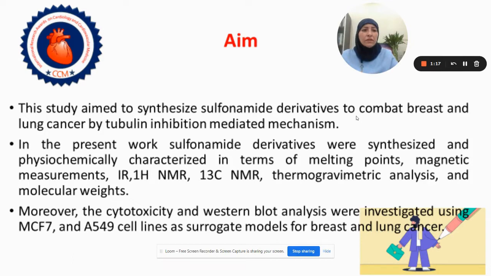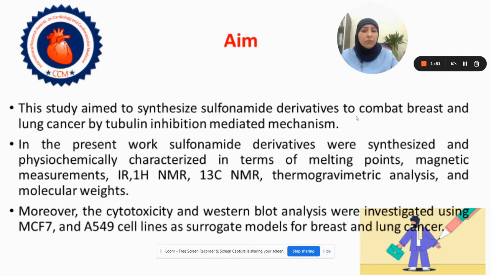So the goal of this study is to synthesize new sulfonamide derivatives to combat breast and lung cancer by a tubulin inhibition mediated mechanism. What we did is synthesize sulfonamide derivatives and fully characterize them chemically and physically in terms of melting point, magnetic measurements, IR and proton and carbon 13 NMR, thermogravimetric analysis, and the molecular weight.